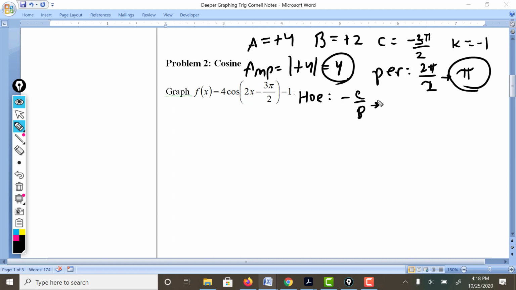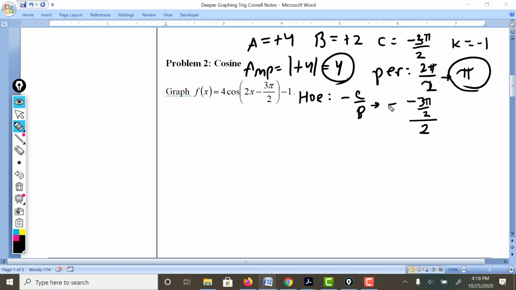This is a pretty big problem. So negative 3 pi over 2. I already goofed that up. You see that? Negative 3 pi over 2 divided by 2.